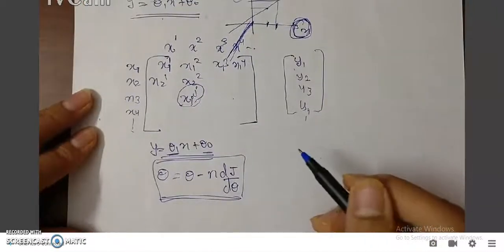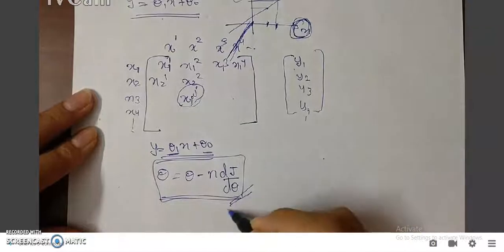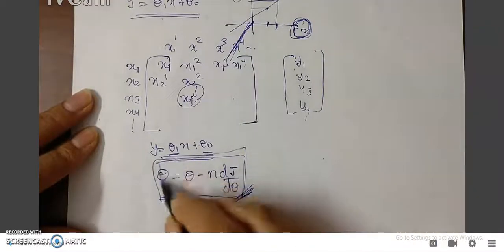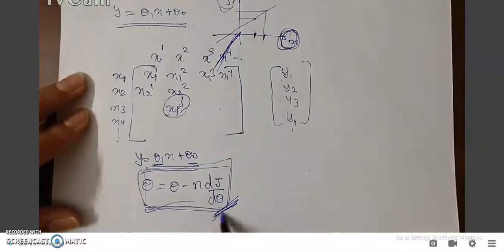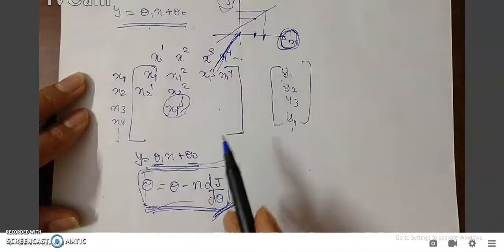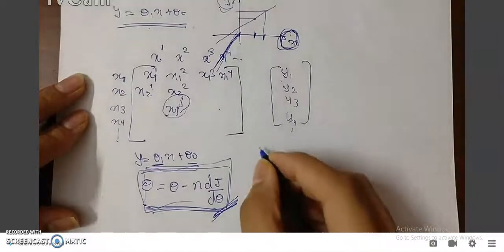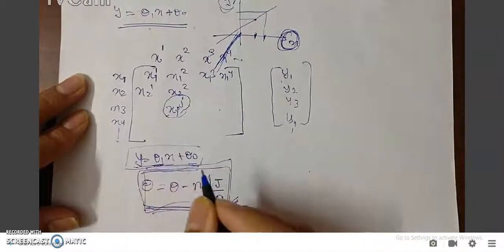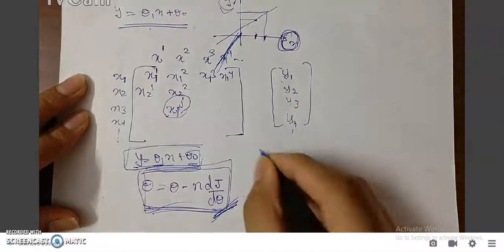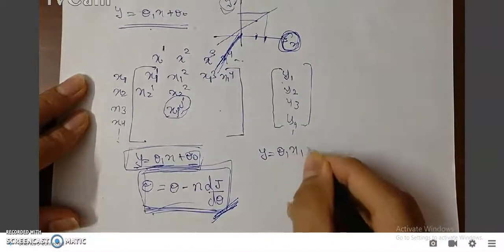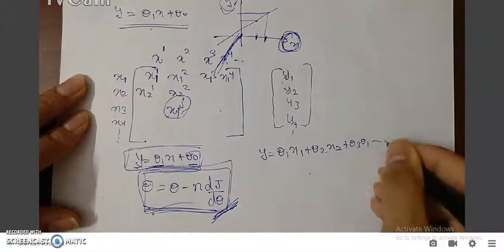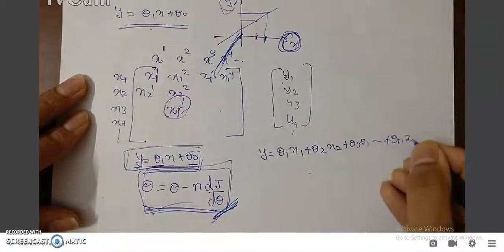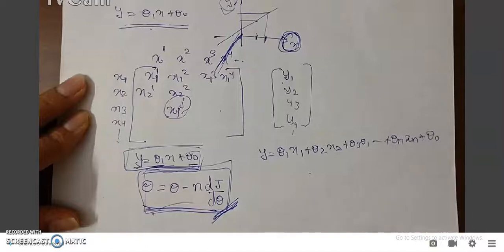And the same theta update equation is going to be used here also. So how are we going to use this equation on the multivariate features? Let's see. If I use this equation for multivariate features, then it would be something like theta 1 x1 plus theta 2 x2 plus theta 3 x3, like that, plus theta n xn plus theta naught, right?